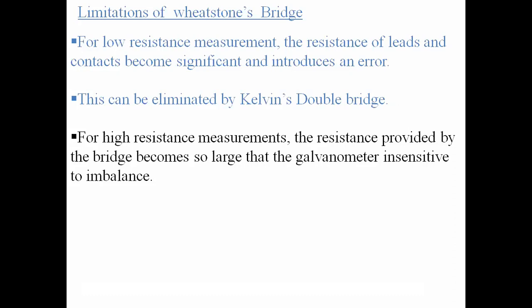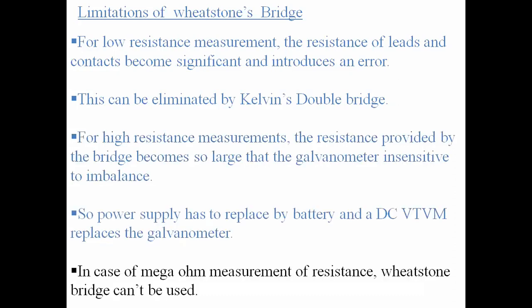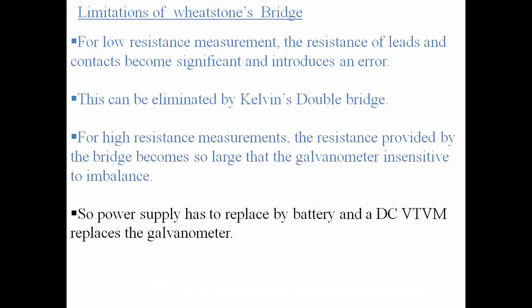When measuring the high resistance of circuits, the resistance provided by the bridge becomes so large that the meter does not sense the variations, and is insensitive to imbalances. To avoid such a situation, the power supply has to be replaced by a battery, and a DC voltmeter, that is a transistorized voltmeter, replaces the galvanometer.